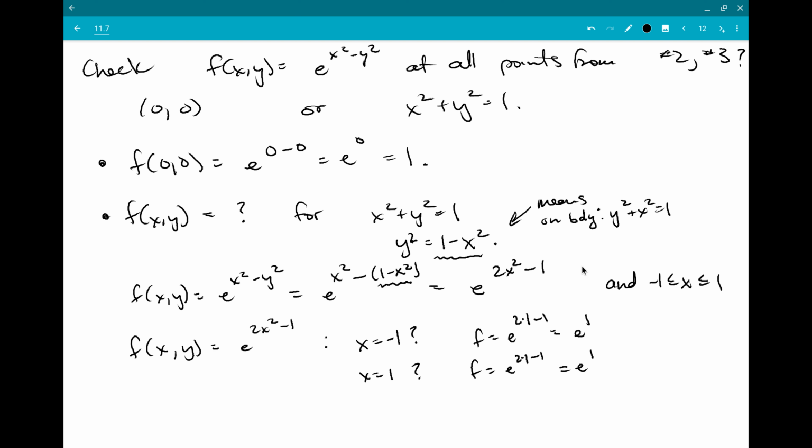And that's the biggest e to the 2x squared minus 1 can possibly be, because x squared will always be a positive number. The biggest it can be is going to be when x is the biggest it can possibly be. And then you always subtract away 1 and multiply by 2, so nothing really changes. The smallest this function can possibly be is when x is equal to 0, because then I'm going to have e to the power of 2 times 0 minus 1, which is e to the minus 1.